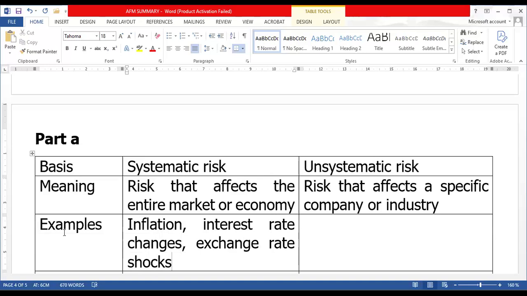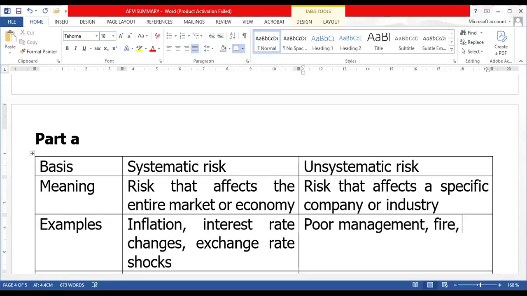But when it comes to unsystematic risk, these come from the management. It could be poor management. It could be as a result of fire.